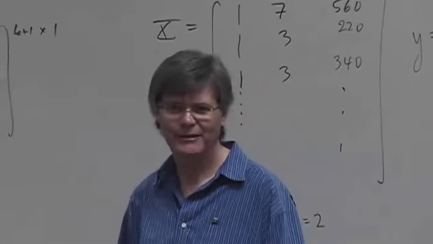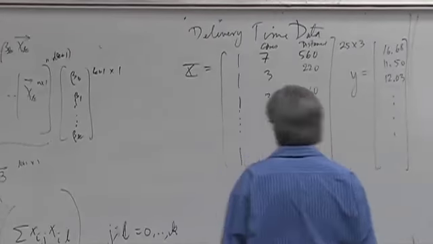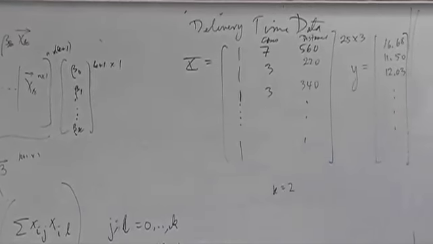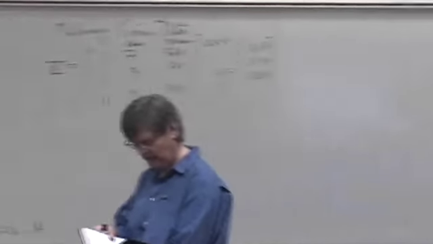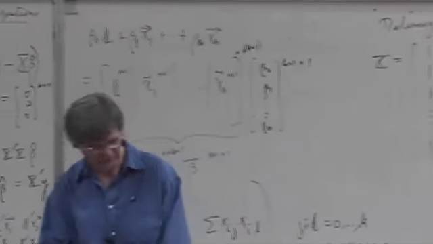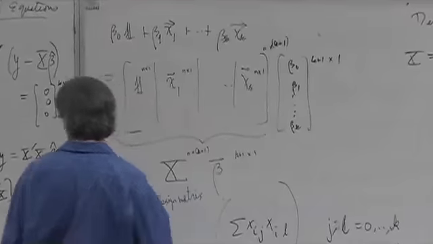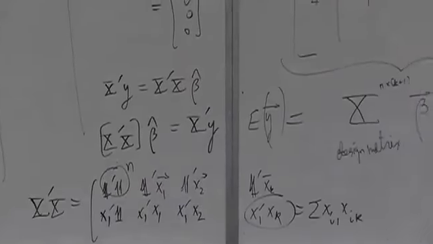And it's symmetric. So that's the X prime X matrix. And the upper left-hand corner is the number of observations, so that's 25 in this case. 1 prime 1, which is n.